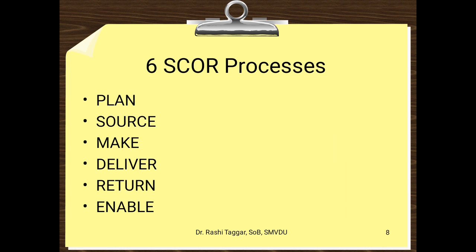Return has processes involved with returning or receiving returned products from customers and suppliers. Enable has processes associated with data resources, contracts, compliance, and risk management, along with business rules and norms.